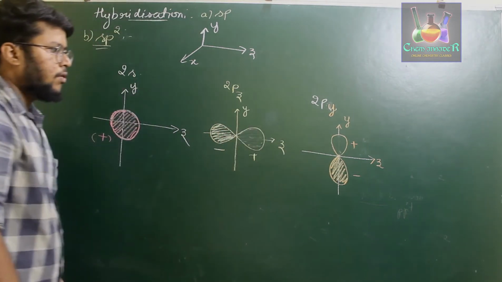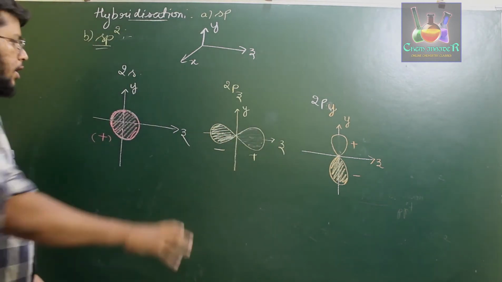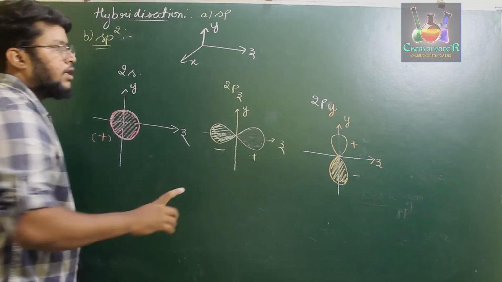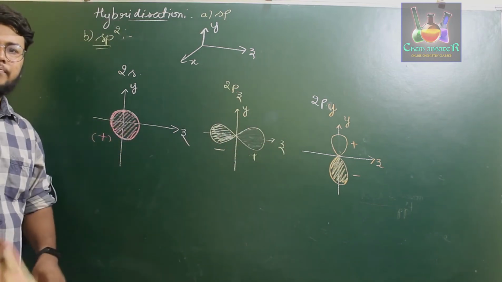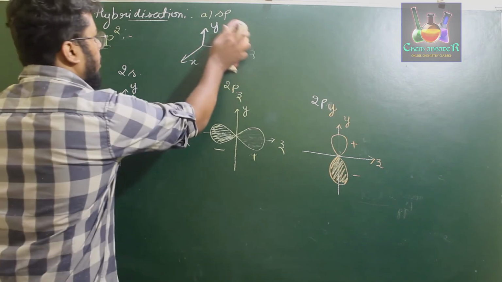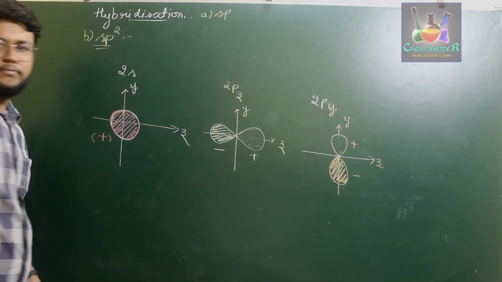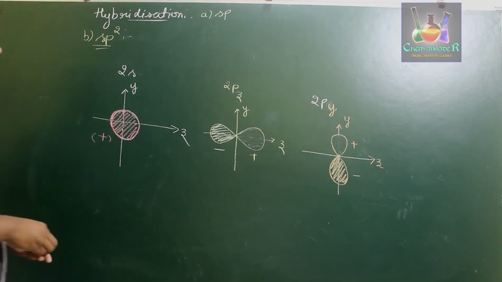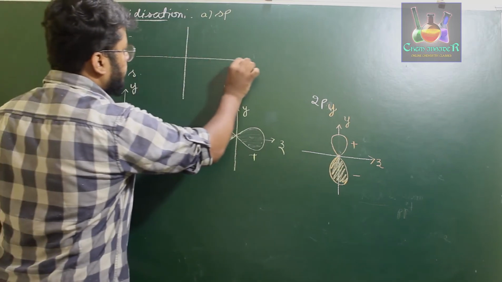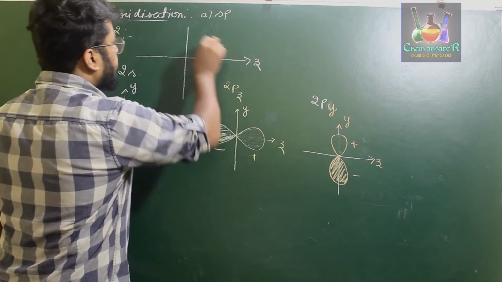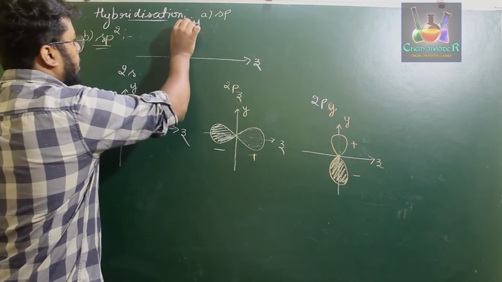now what I am going to do is write all these three orbitals in a single axis of coordinate system. So this is the Z axis, this is the Y axis.